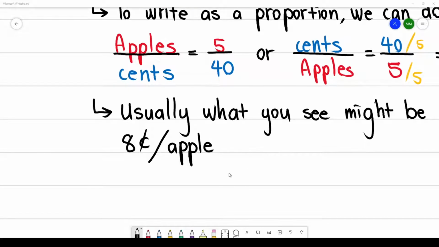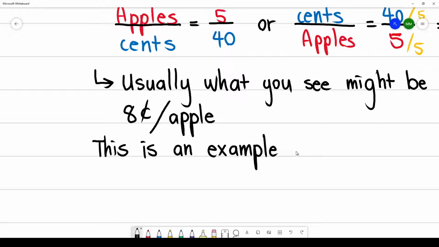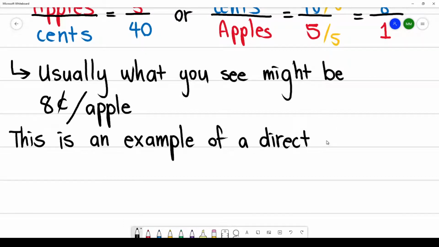So this example over here represents something called direct proportion. This is a really important word.